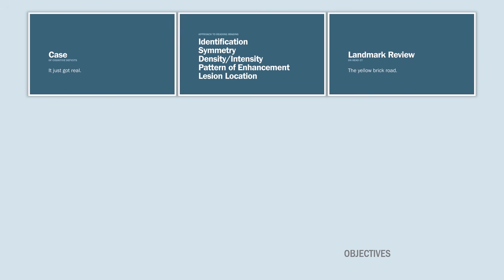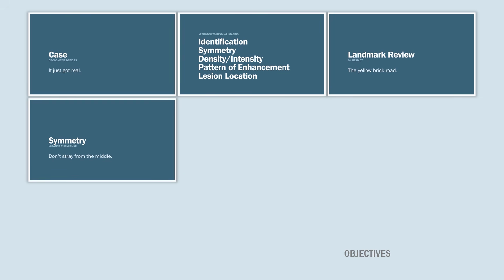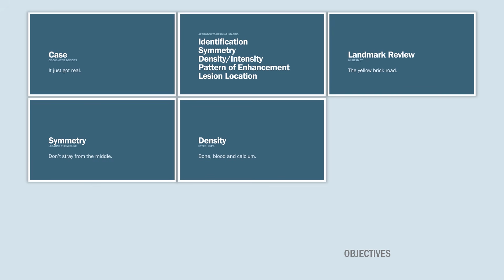Our objectives for this talk are to introduce a case that will act as the glue keeping the sections together, to introduce an approach to reading imaging, to review major anatomical landmarks so you can find your way around the scans, to assess the degree of symmetry or asymmetry to allow you to spot abnormalities, to review the causes of hyperdensity and hypodensity on CT, and since we're on the topic of hypodensity, we will introduce the concept of cytotoxic and vasogenic edema.